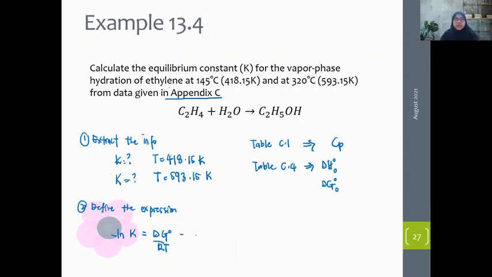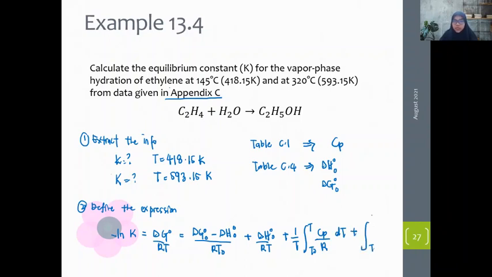Delta G standard is equal to delta G naught at reference temperature minus delta H naught at reference temperature over RT naught, where T naught is the reference temperature, plus delta H standard over R times the integral of delta Cp standard over R dT, plus the integral of delta Cp standard over R dT over T. All these values can be obtained from the reference tables.